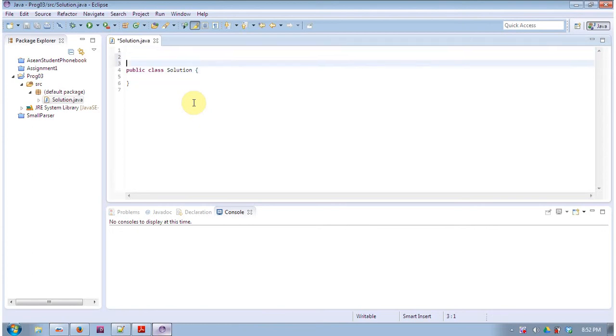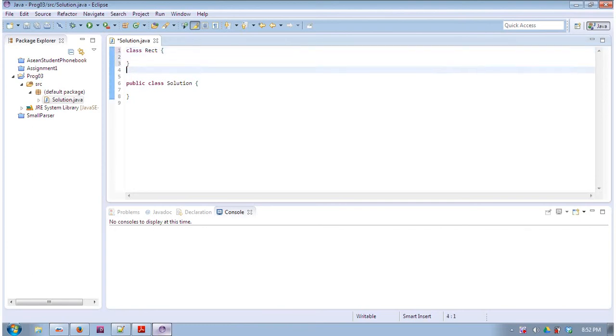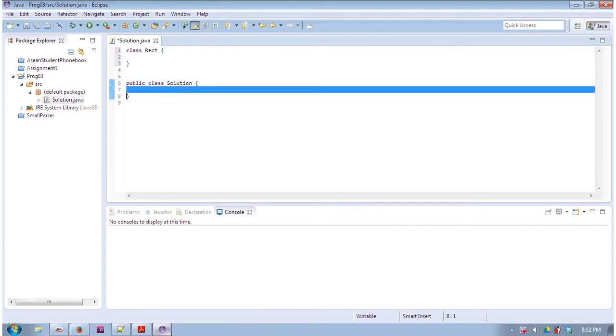What's good in HackerRank is that for Java you can have more than one class, but your entry point, your main method, should be within solution.